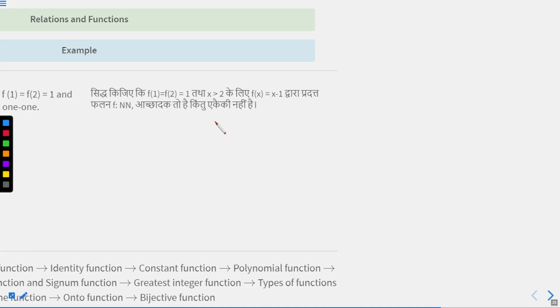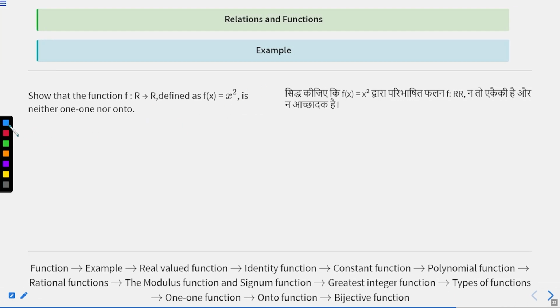Let's move to next. Now here, show that the function f from R to R, meaning real numbers to real numbers, where this set is my domain and this set is my codomain. Now f(x) is defined like this: f(x) is equal to x squared.